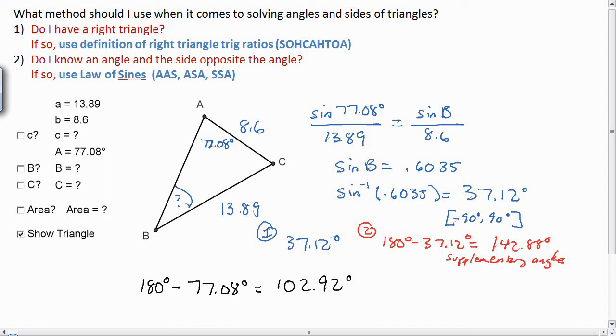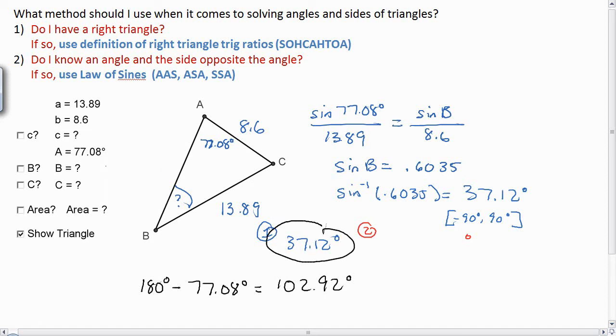But if you only have 102.92 at most, there's no possible way you can have a 142.88 degree angle along with a 77.08 degree angle. So there's just no possible way that the supplementary angle works, and you can eliminate it from the picture. So in this case, the only answer is 37.12 degrees.